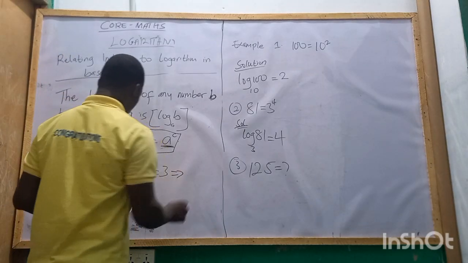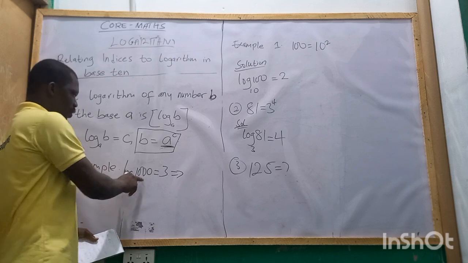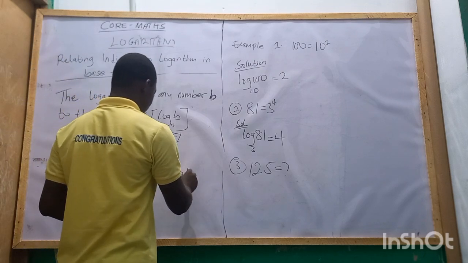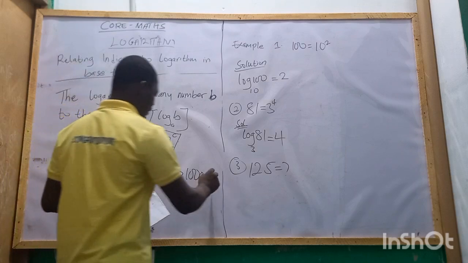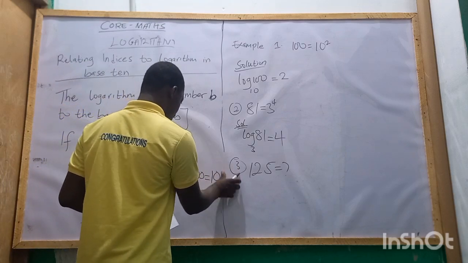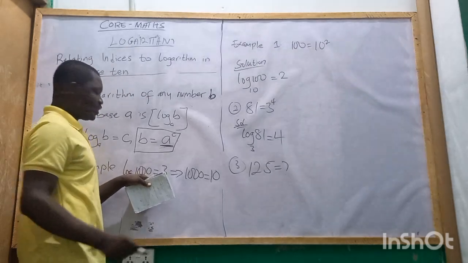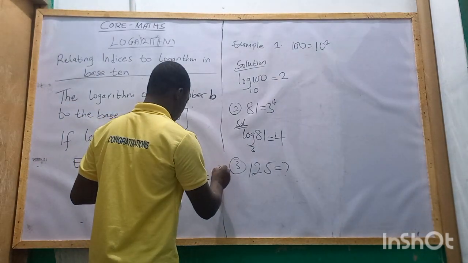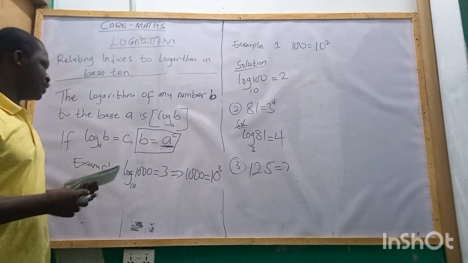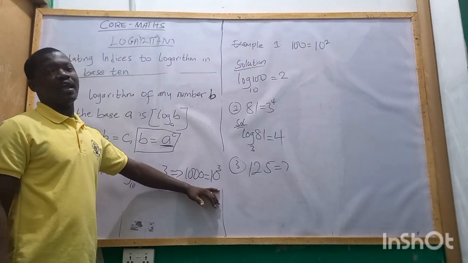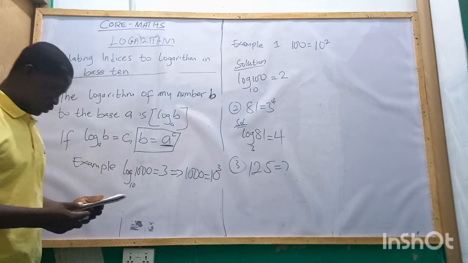You write the number in front of the log at your left hand side, which will be 1000, equal to the base. You write it, then this one becomes what? The exponent. So if you check from your calculator, 1000 is equal to what? 10 exponent what? 3. Okay, so very simple.